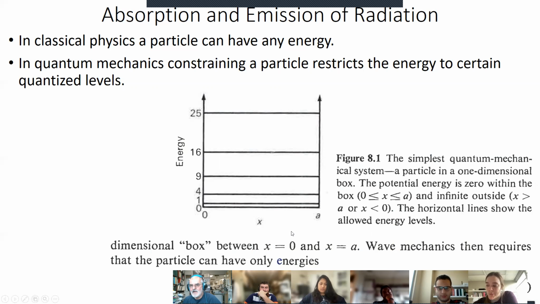A lot of this originated in the fact that when the physicists were taking spectra, they could see these sharp lines and they didn't know where they came from. And this was the introduction to solving that problem.